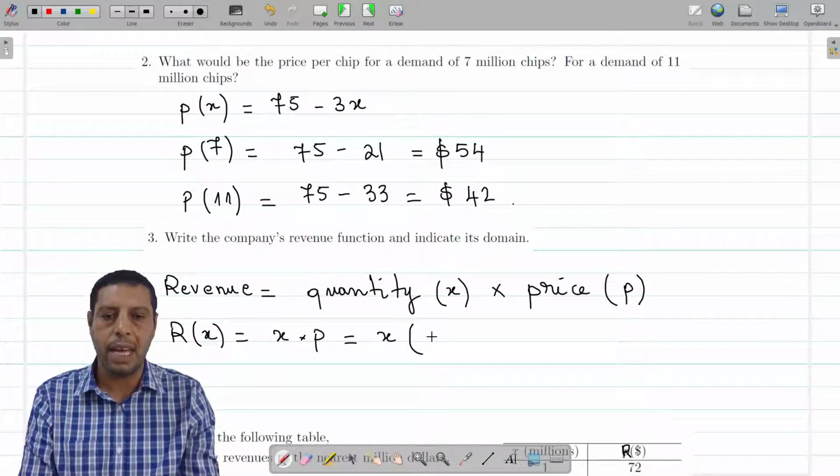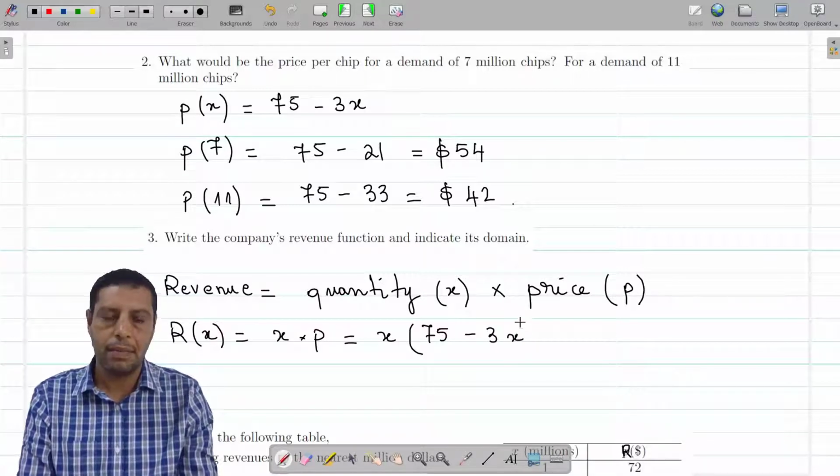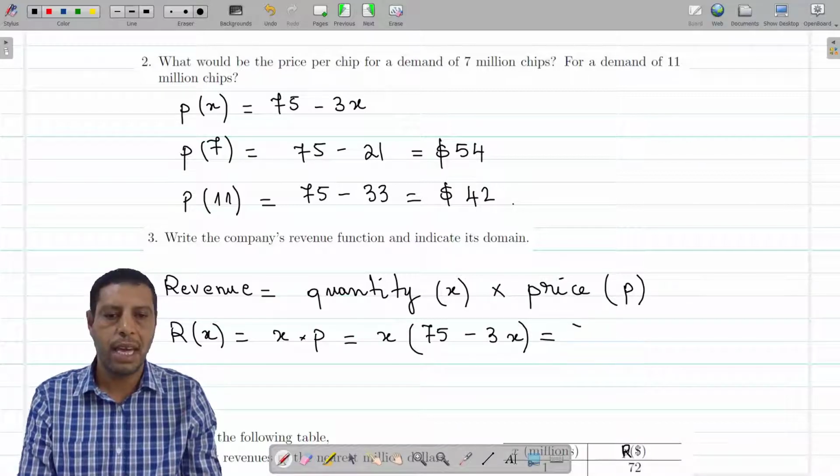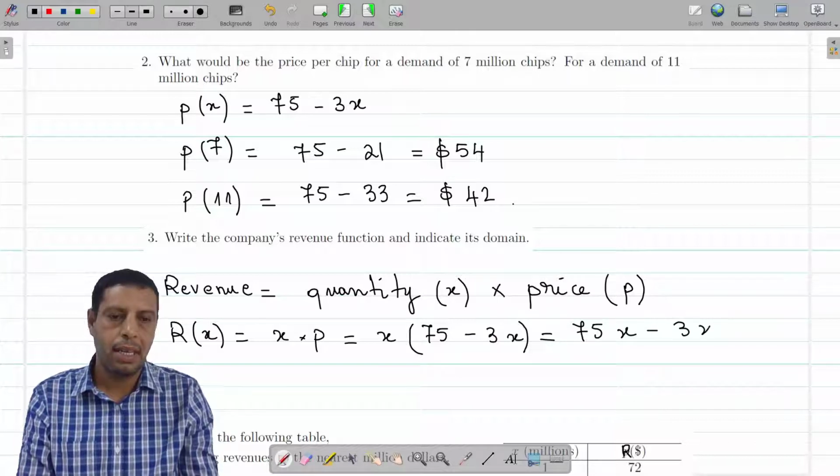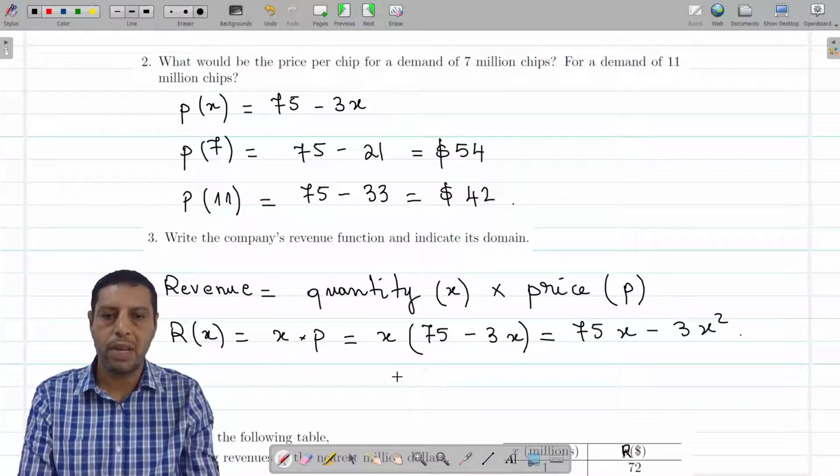We're going to obtain X times (75 minus 3X). When you expand this expression, you will get 75X minus 3X squared. Of course, you can keep your factorized expression if you want.